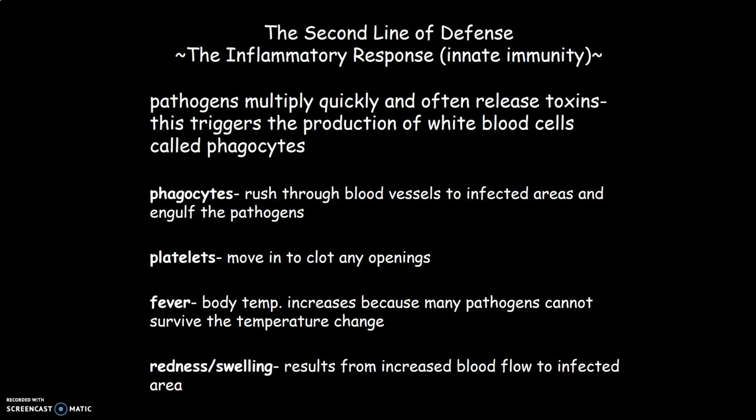If the body ups the temperature from 98.6, which is normal, to something like 100 or 101, a lot of bacteria and other pathogens have a hard time surviving or replicating themselves in that type of environment. Redness and swelling also result from increased blood flow to an infected area.